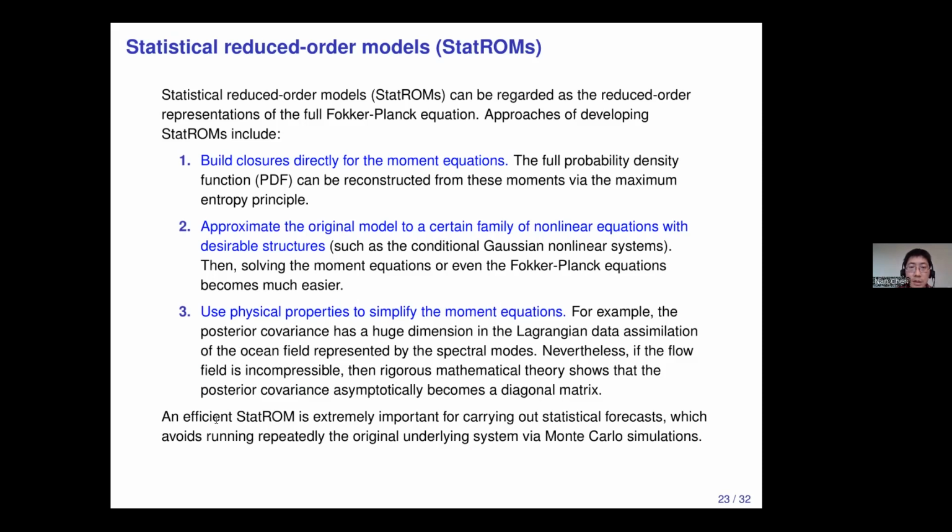So an efficient statistical reduced model is extremely important for carrying out statistical forecasts, and it will avoid running repeatedly the original underlying system using Monte Carlo simulations. Really, Monte Carlo simulations will be the last choice unless you have no good stochastic or statistical models for your ensemble forecast.